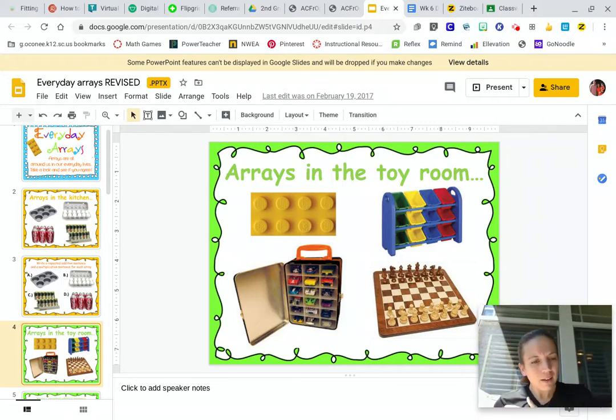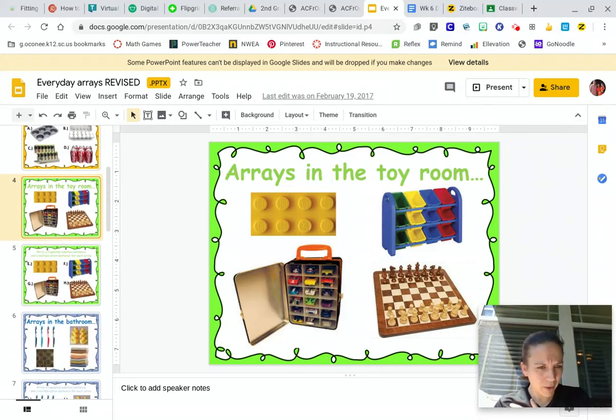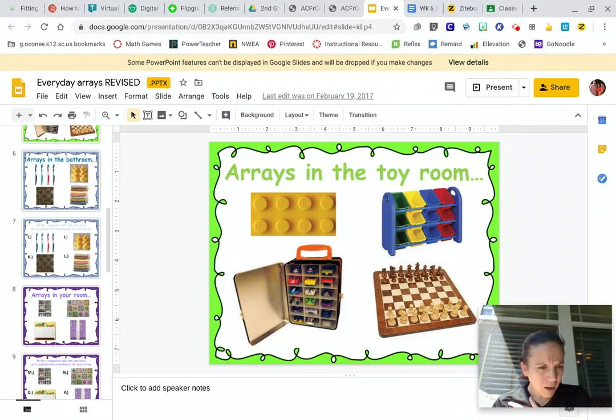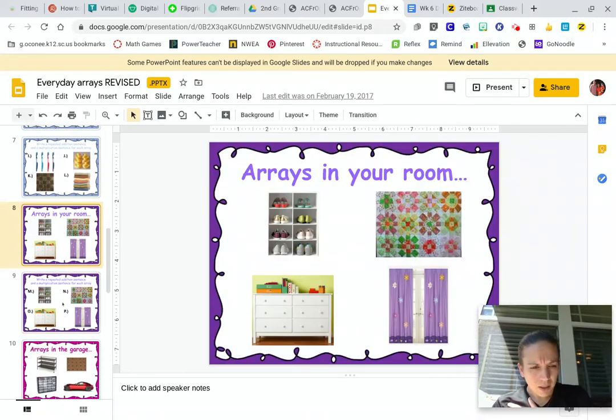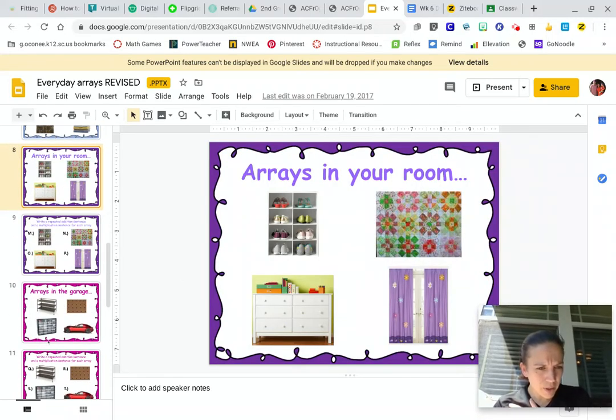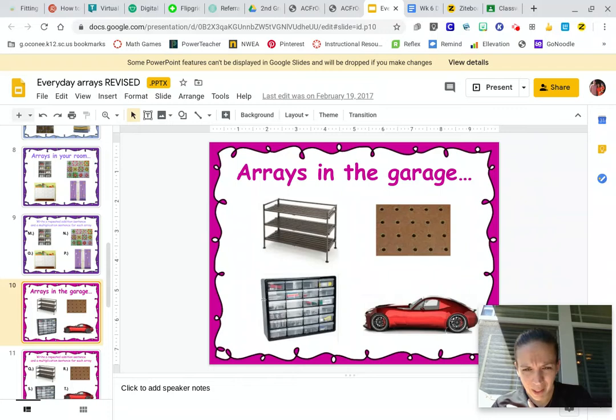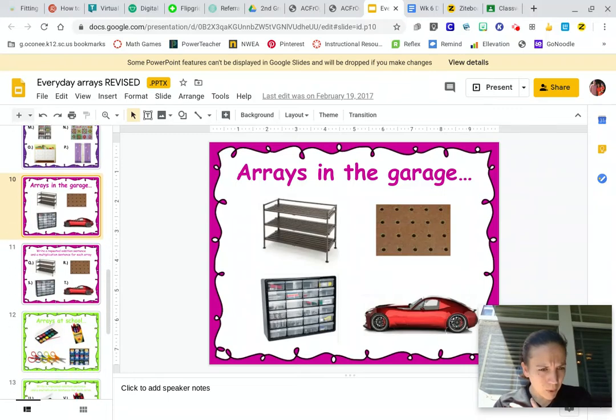You have them with your, if you see these, I think Miss Chapel used to have one of these in her room, with those buckets, if any of y'all have that at home. Your drawers was another good one. Your dads may have one of these in their garage or something like that, with arrays.